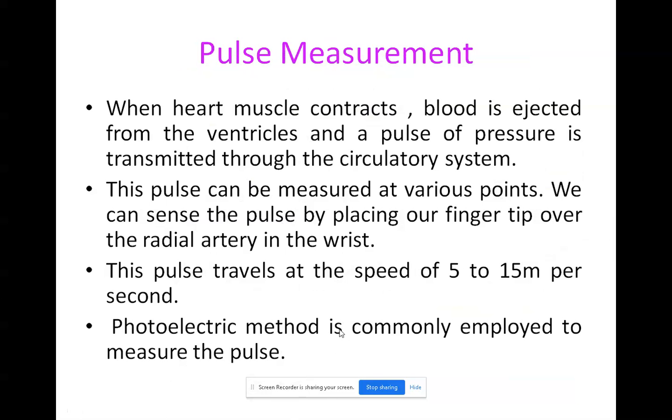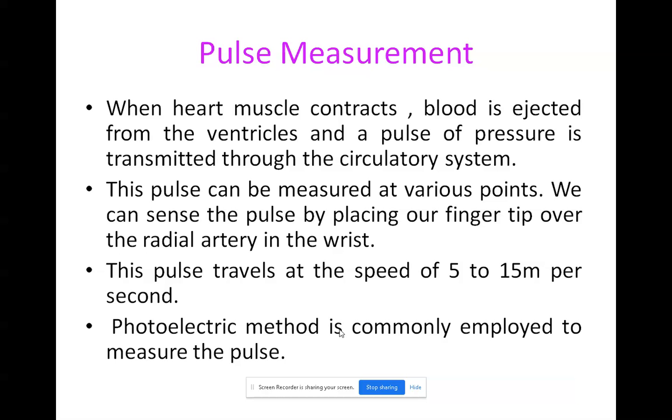When the heart muscle contracts, it removes all the blood; blood is ejected from the ventricles, and a pulse of pressure is transmitted through the circulatory system.